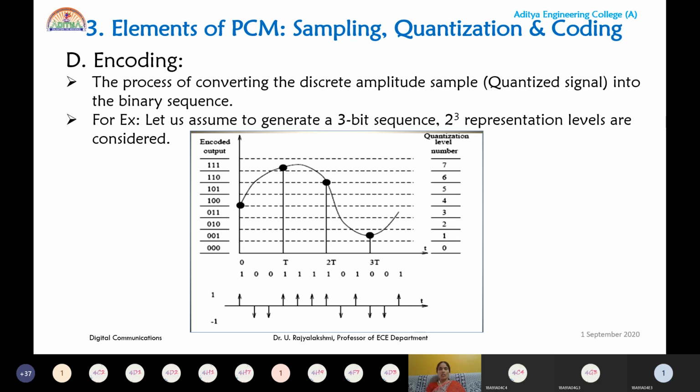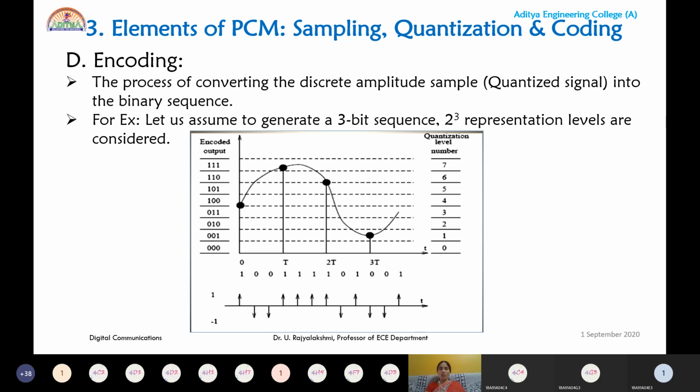The right side represents the quantization levels that range from 0 to 2^n, and for an n-bit sequence you will have 2^n possible combinations. For example, if it is a 3-bit sequence, you will have 000 to 111. So based on the amplitude value, the corresponding data will be encoded.